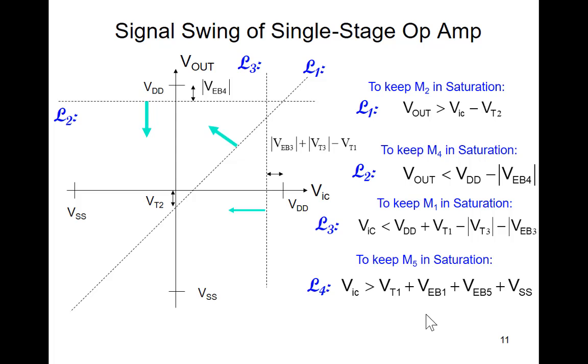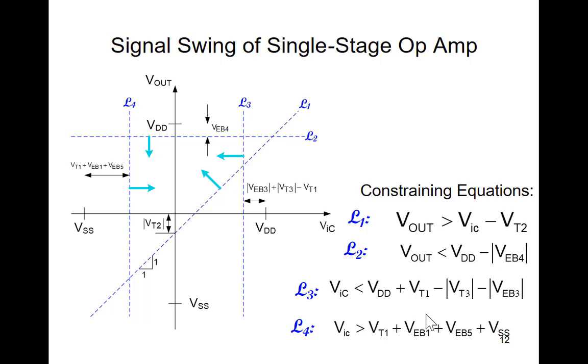And line 4 is a vertical line, and it says it has to be to the right of it. So this defines the region of operation of that op amp. If you're not in that region, one of the transistors is going to drop out of saturation.